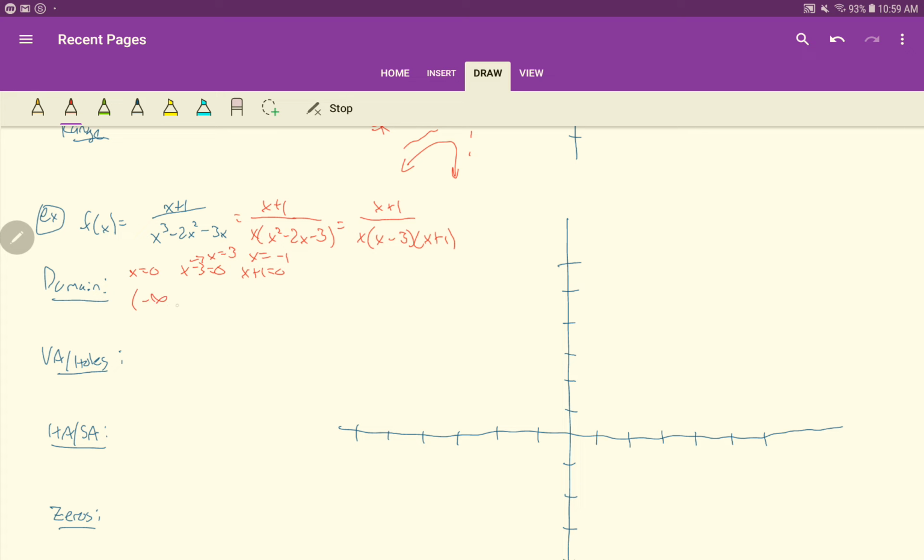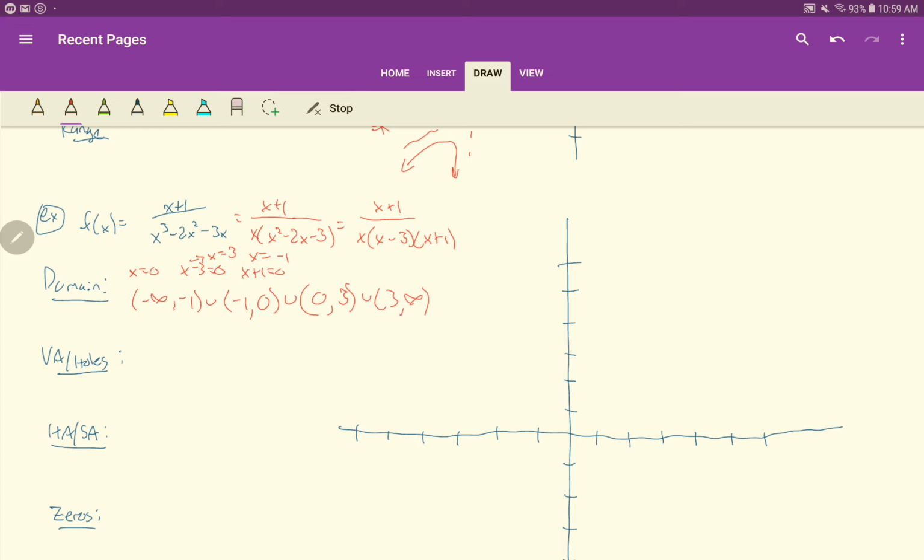Well, -infinity, comma, what's the first domain restriction we come to in numeric order? The first one we'll hit is -1. So we'll go from -infinity to -1, union, we'll start back at -1. The next domain restriction we get to is 0, and then we'll start back at 0 and go to 3, and then we'll go from 3 to infinity. So you have to break up all those intervals over the number line.